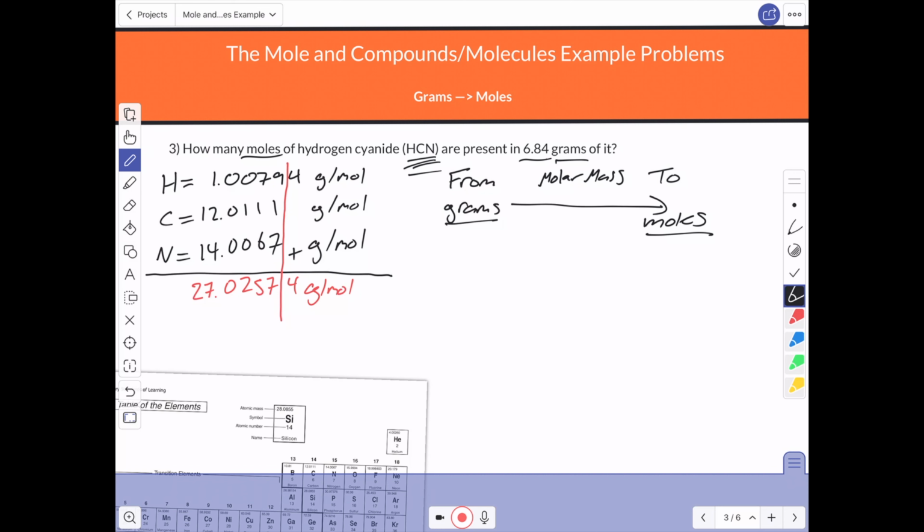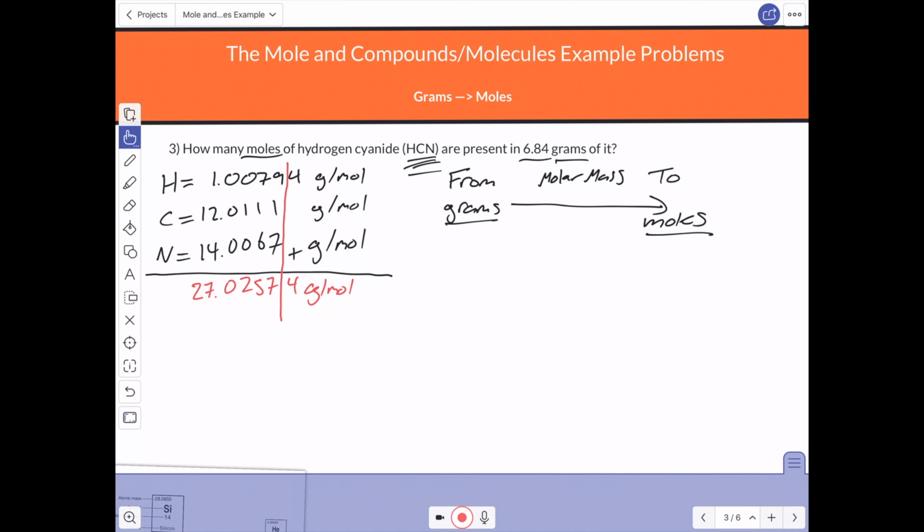Alright, so now I have what I need. I just need to set up my problem. Let's get our periodic table out of the way. I know I'm going to convert this number, 6.84 grams of HCN, to moles. Well, I know that the grams of HCN needs to go on the bottom for it to cancel out.